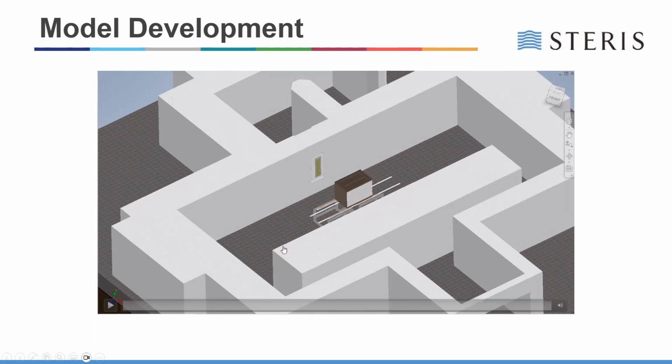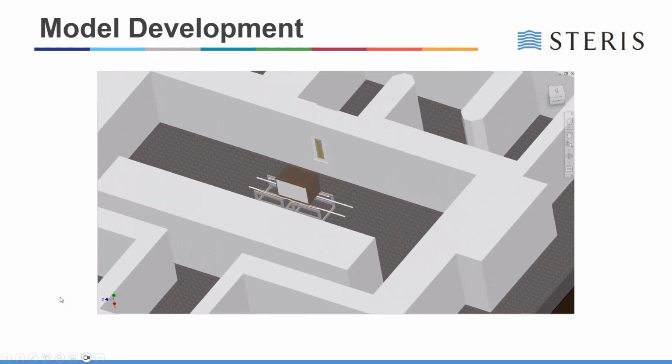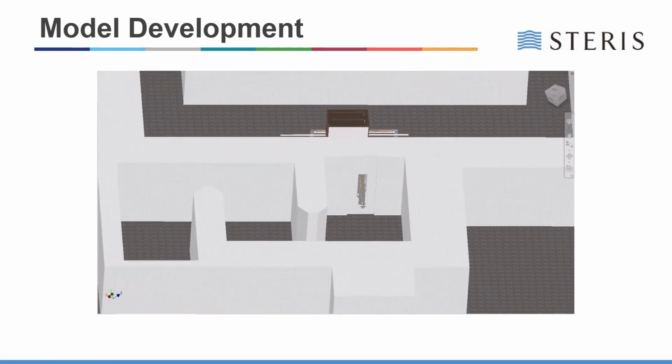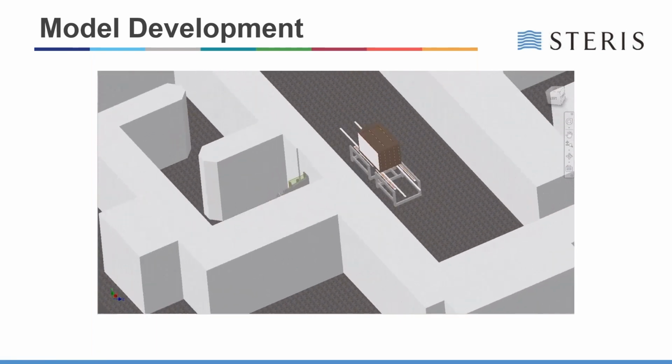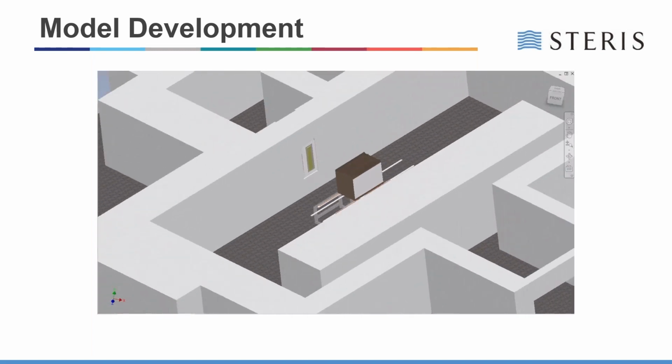So here's an example of a completed site model, and I've created a GIF. Run through that right now. And while this is spinning around, I'll note that this model is not uniquely representative of any STERIS site, but we can see that the scanning end of the accelerator is installed flush with the internal wall. We can see that the ceiling has been removed from the model for clarity.